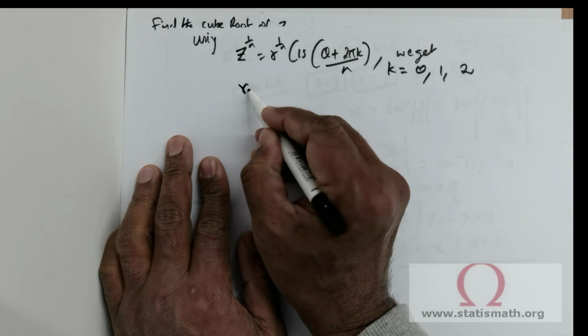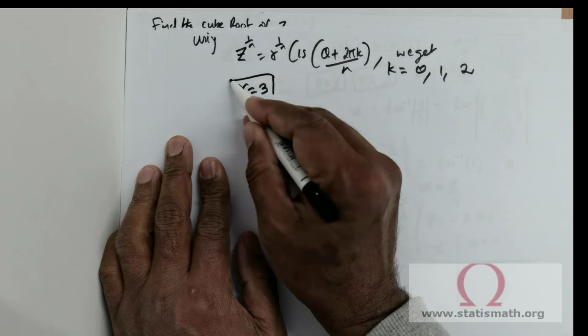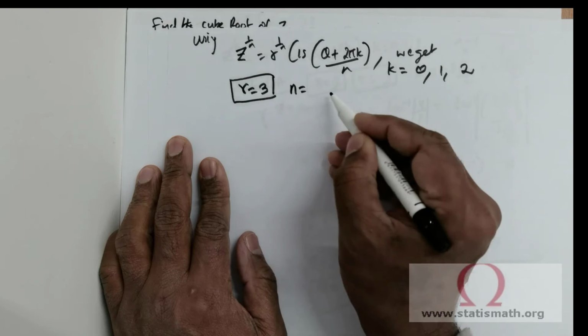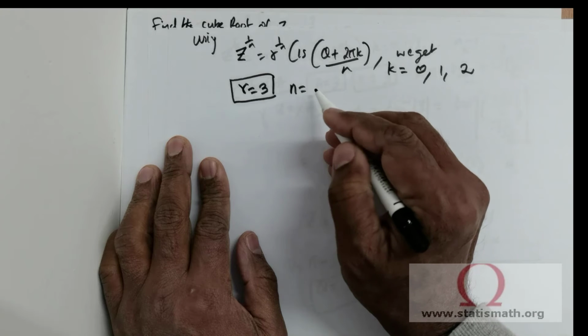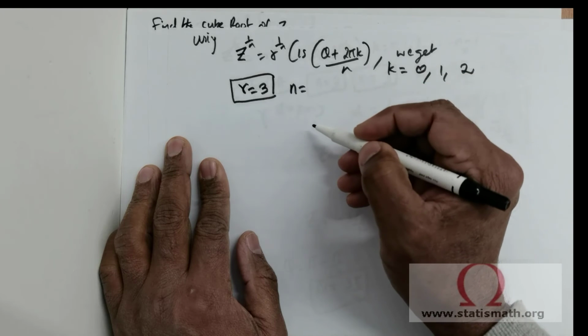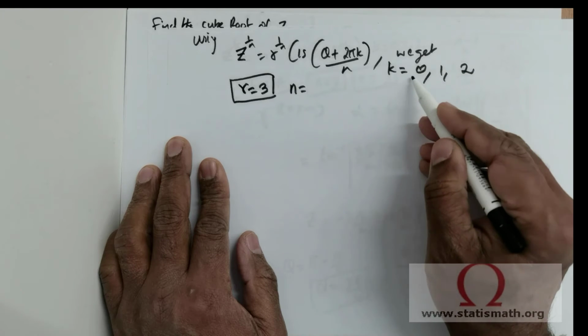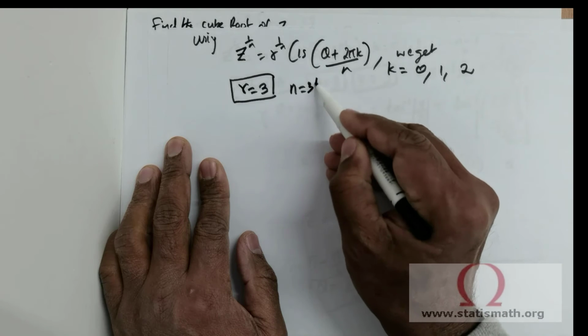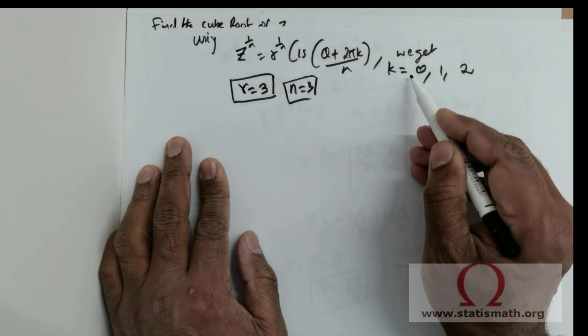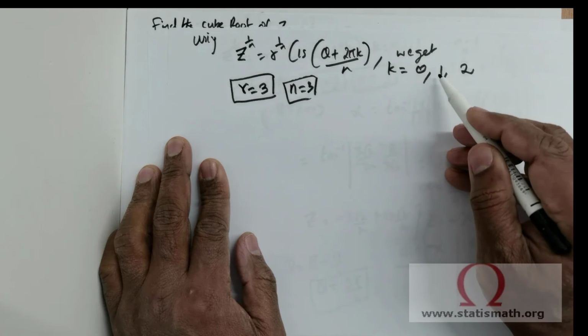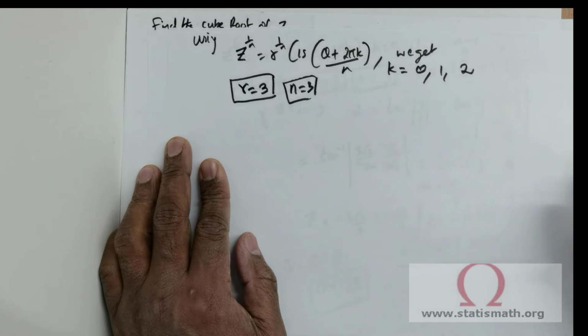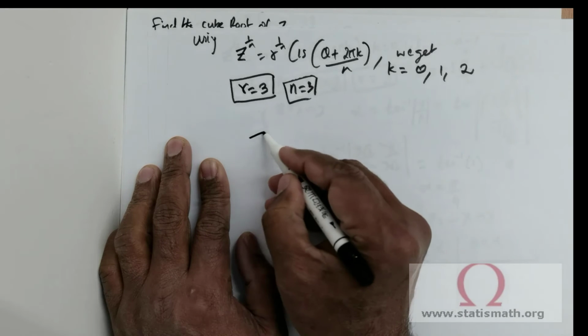And we know the value of r is equal to 3. The value of n, we also know n is equal to 3. And we need to take the value of k to be 0, 1, 2. So using these values, we would be obtaining the third root.